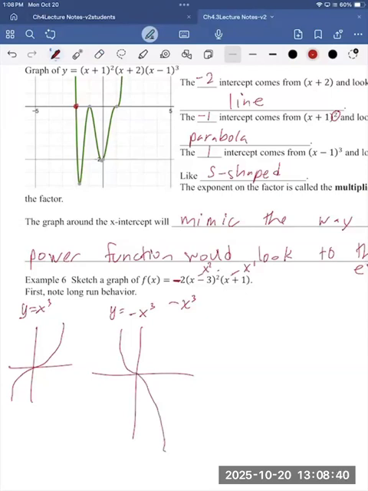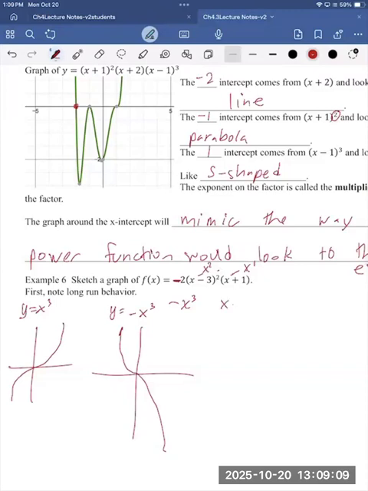However, now I can make this even more accurate by knowing exactly where the intercepts are, and I know the behavior around each intercept. I know it's going to start high and start coming low, and it's going to hit the x-axis.